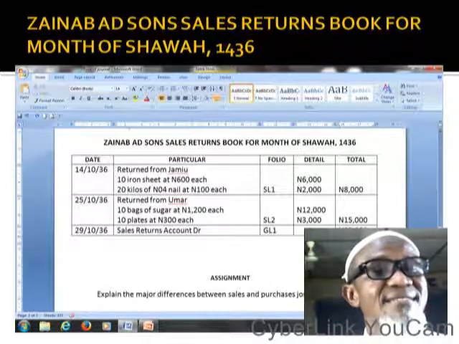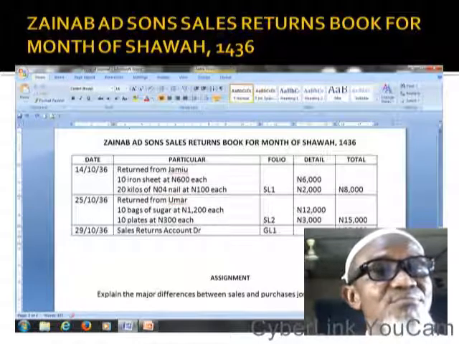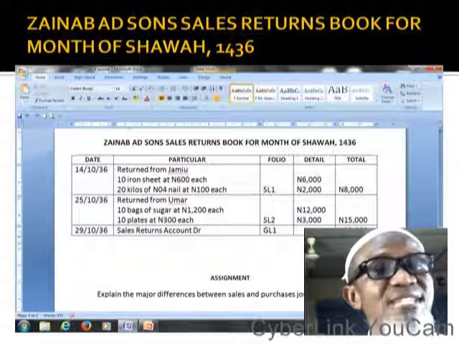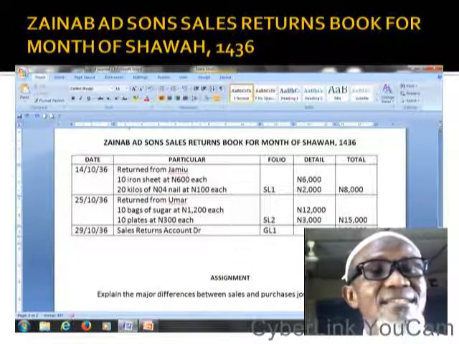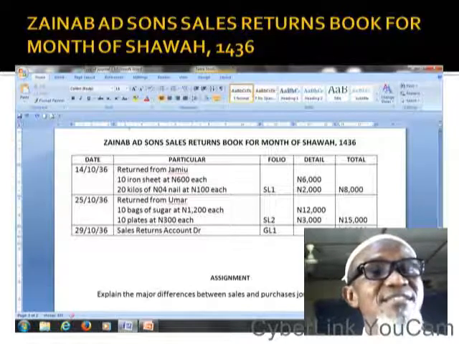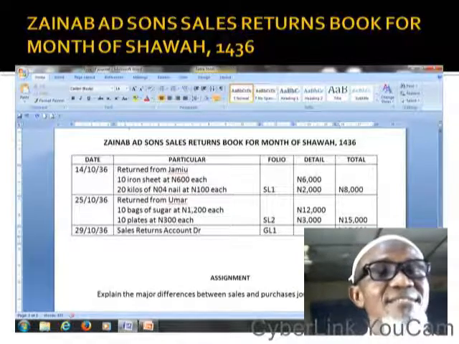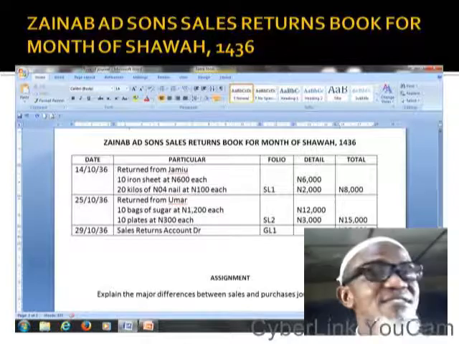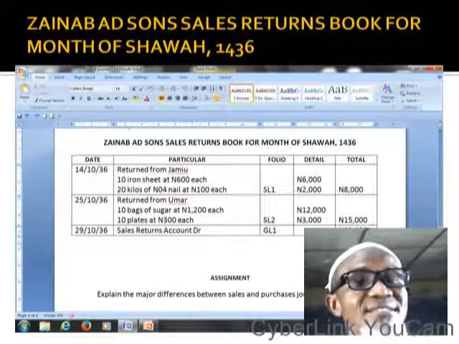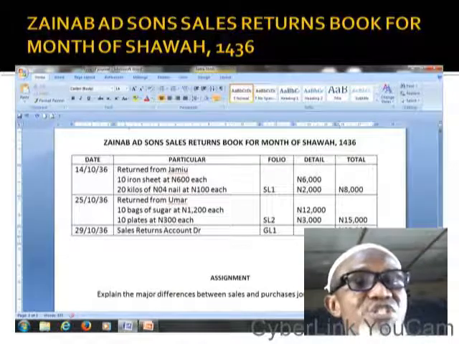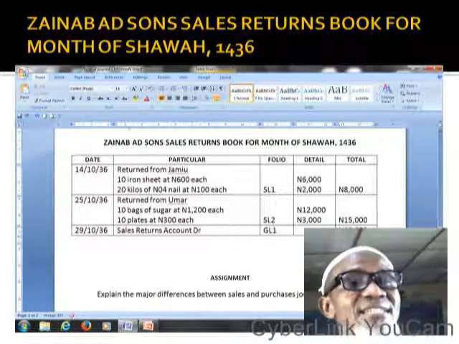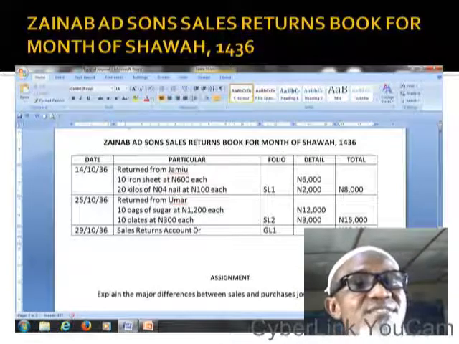Inshallah, before the next lesson, you must do this assignment. It's very simple. Just explain the major differences between the sales journal and the purchases journal.